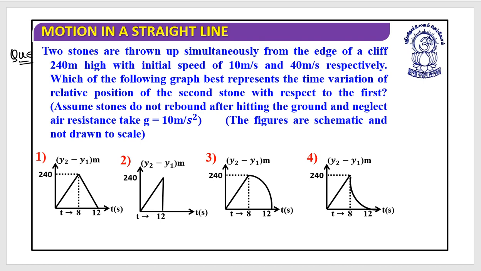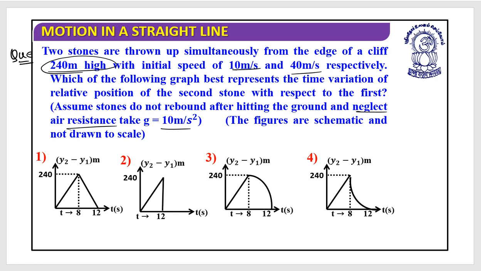Ignore the effect of air resistance, take g equal to 10 meters per second square, and these are the speeds. So this is the situation. Both have different speeds, and they have been thrown from a certain height. That height is 240 meters.